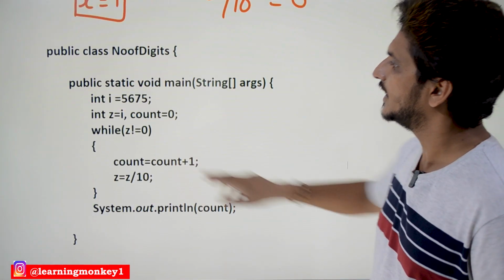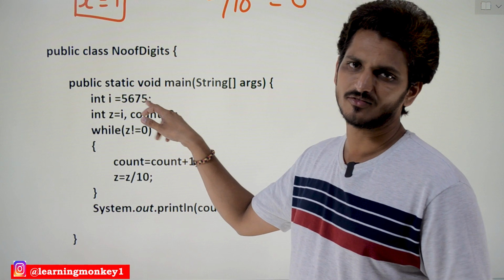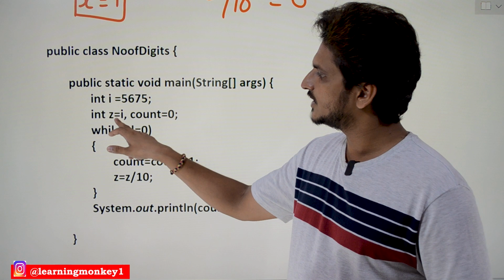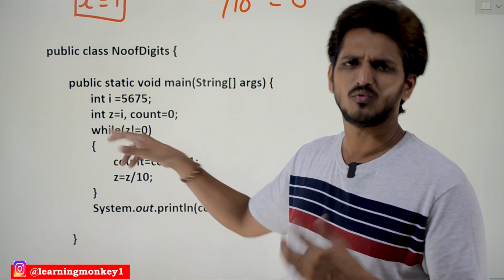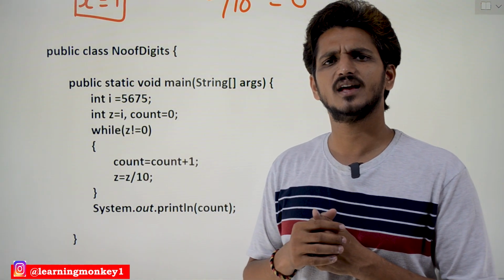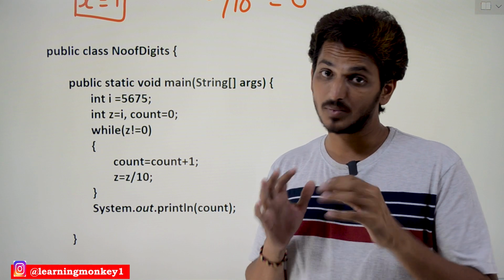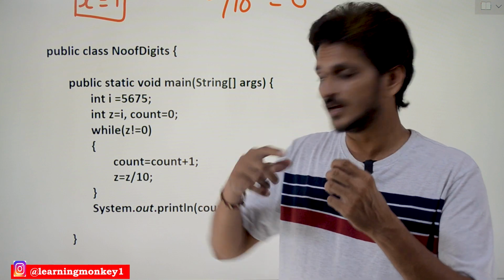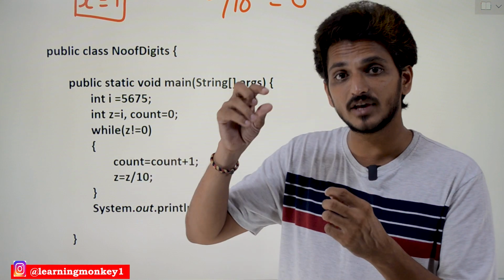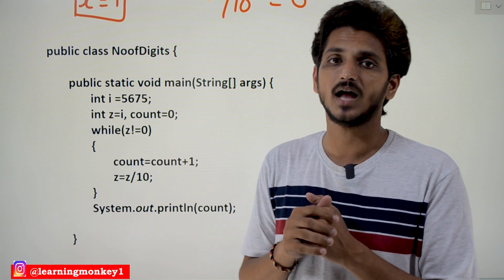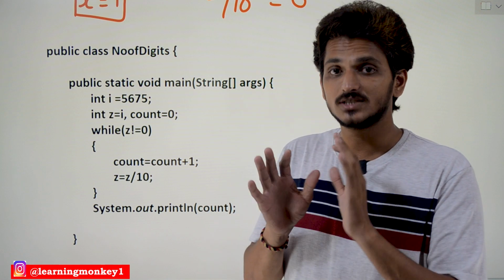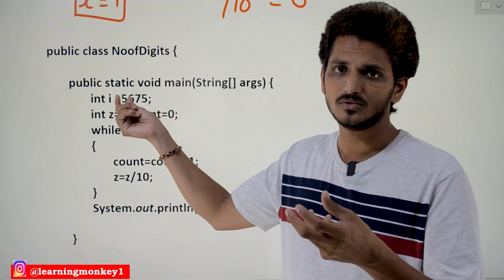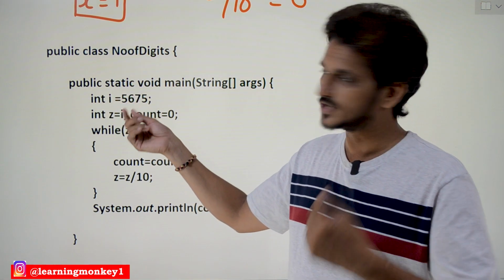So coming to this, int i is equal to 5675. Some number we have taken, you can take any other number. This i is assigned to another variable z. It is not compulsory to assign i to the z variable, but if you need the value present in i later, you should not change it.